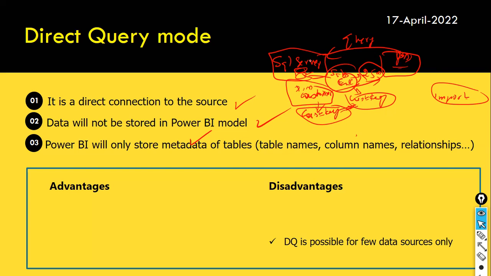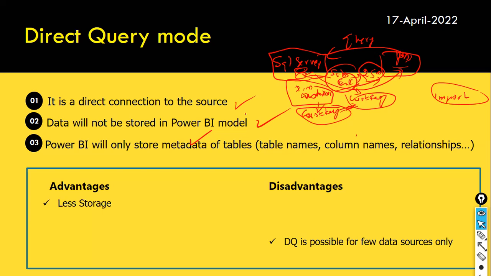My visuals will query the SQL server, and the output from the SQL server will get populated in my visuals. Got it? So the advantage of direct connect mode is that it requires less storage, just metadata only.